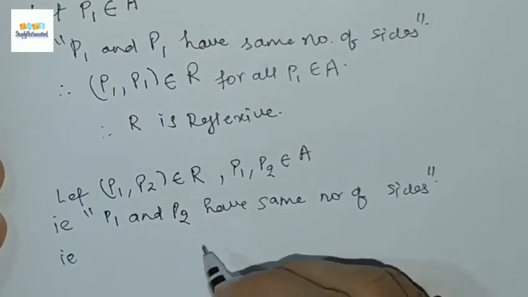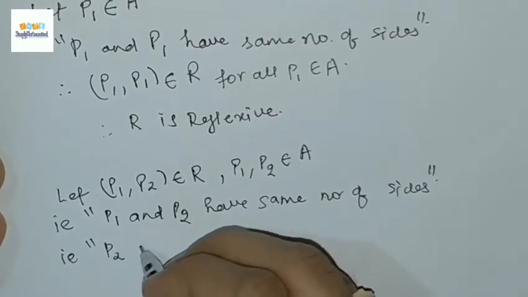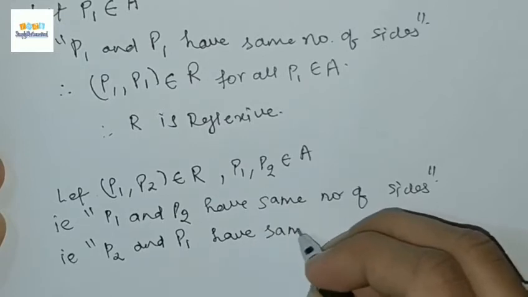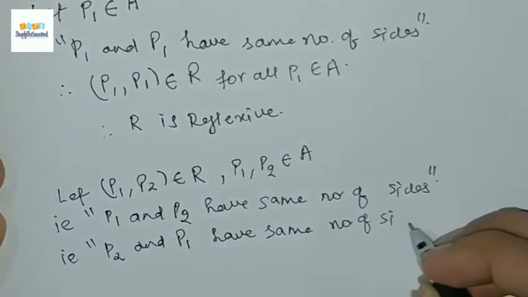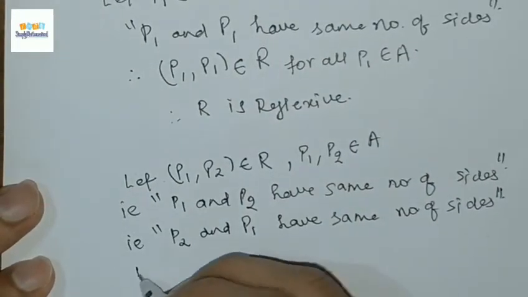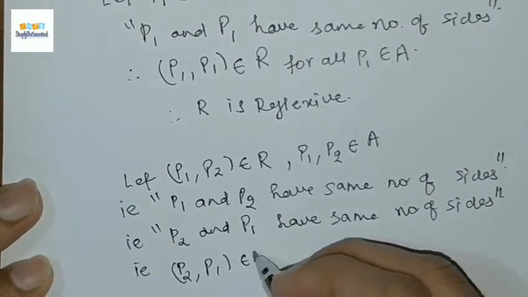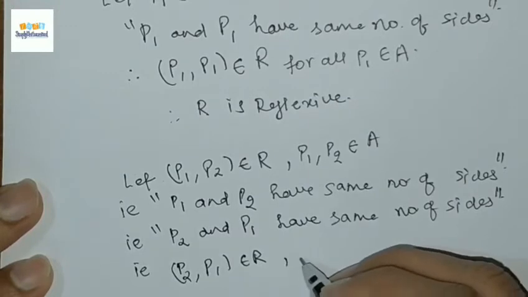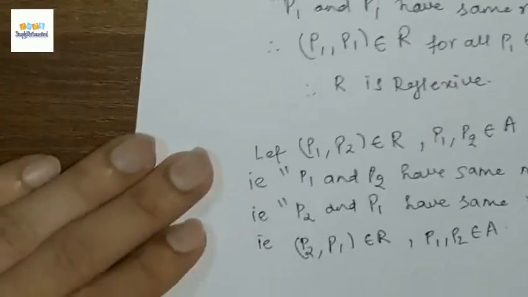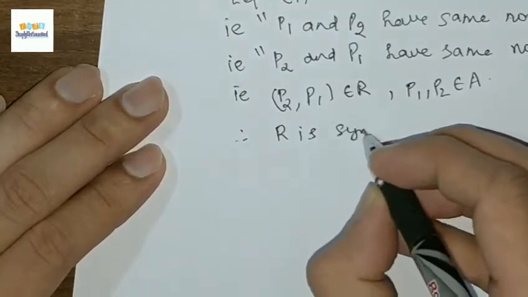Why? Because it is just writing the polygons in different order. P2 and P1 have same number of sides. That is P2, P1 belong to the set R for P1, P2 belonging to the set A. Therefore, R is symmetric.